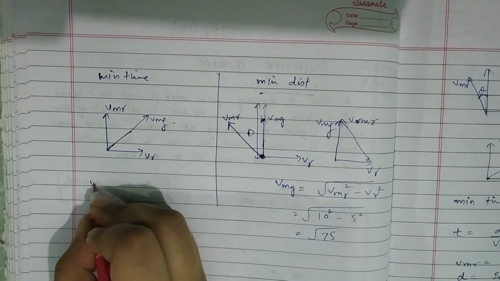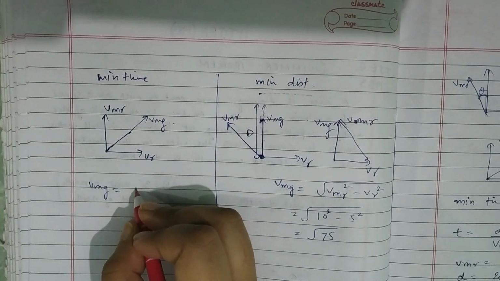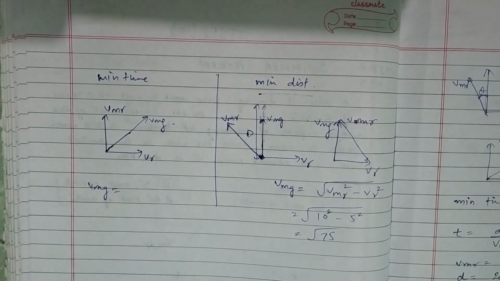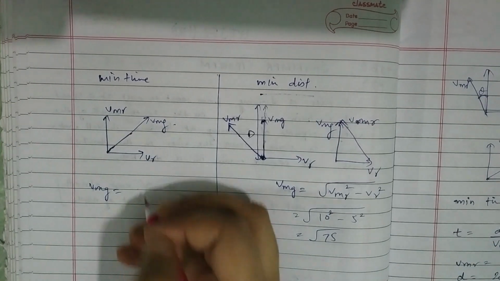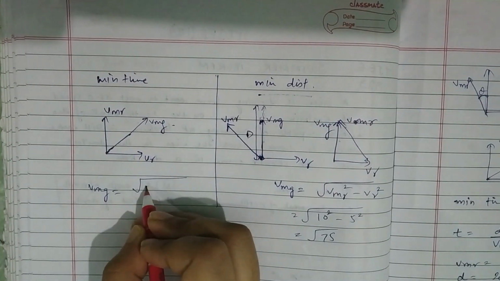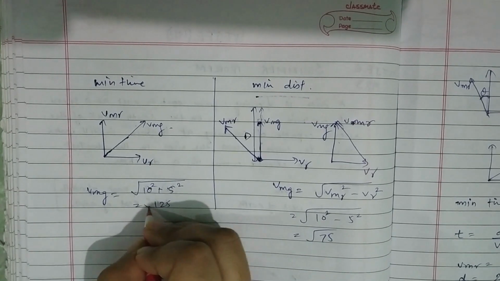According to this, the velocity of man with respect to ground will be the summation of VMR plus VR, and this will be root of 10 square plus 5 square, which will give us root 125.